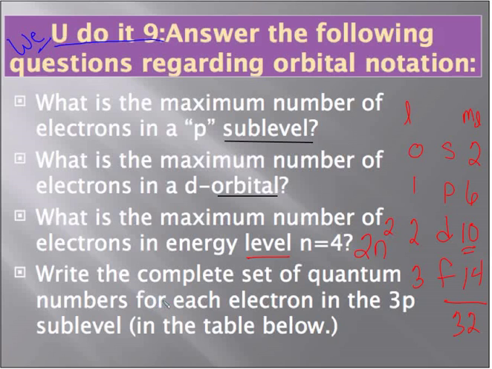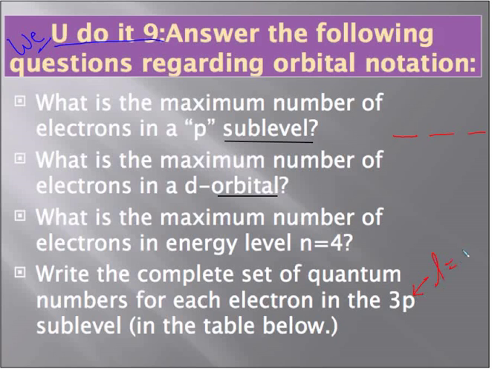Now this next one is telling us to write the complete set of quantum numbers for each electron in the 3p sublevel. Now you have a table in yours, and I'm just going to write it on the side here. So if I have a 3p sublevel, that means that we have 3 orbitals, right?